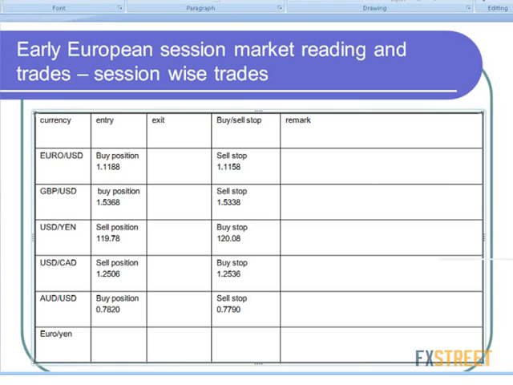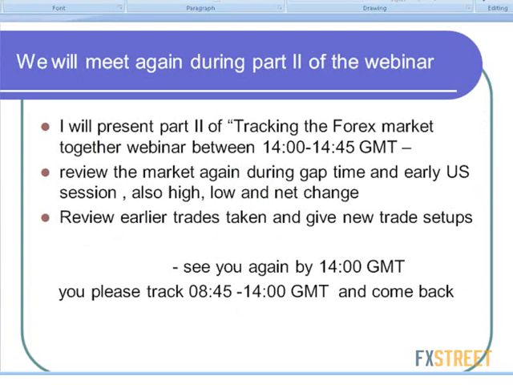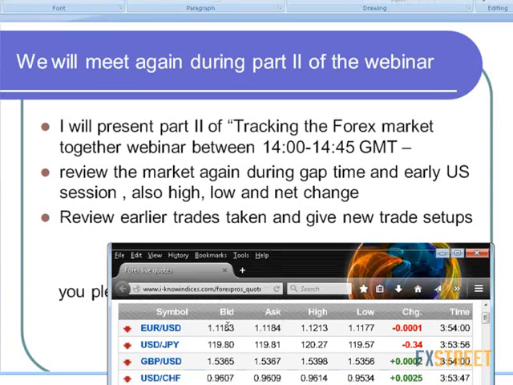Okay, no more questions. So you can take a screenshot, otherwise I just note it down. I'll come back by 14 GMT and show you what happened to those positions, and we will also read the market again, where exactly the market is by 14 GMT.